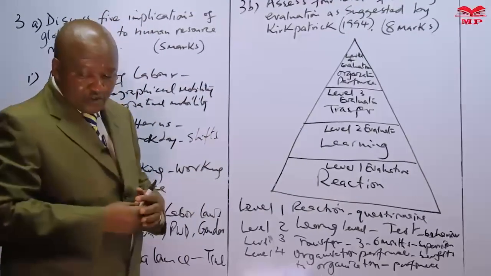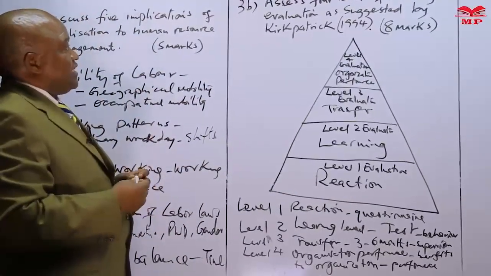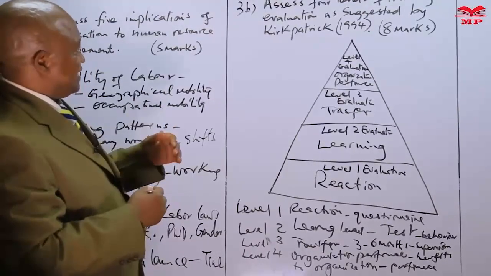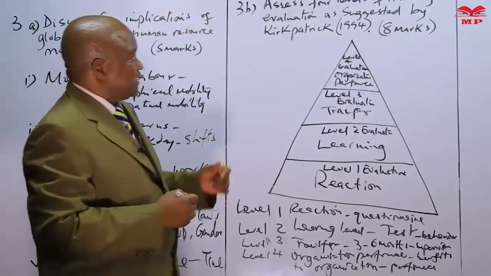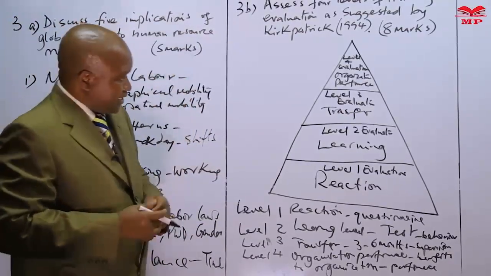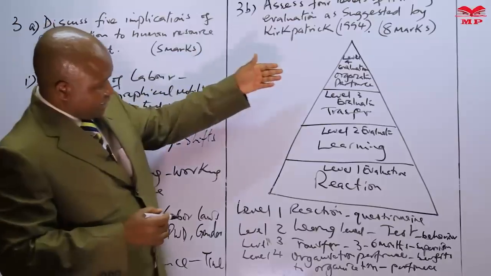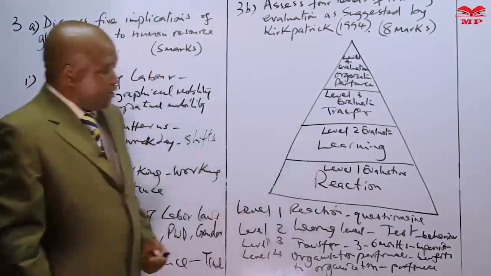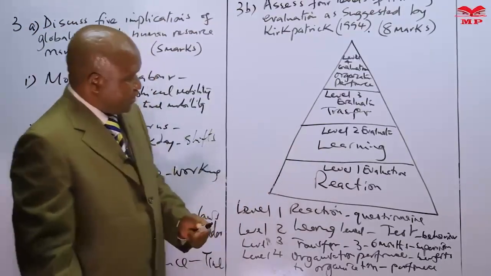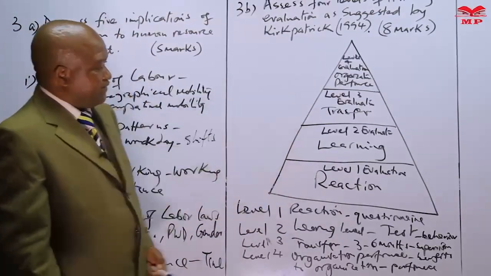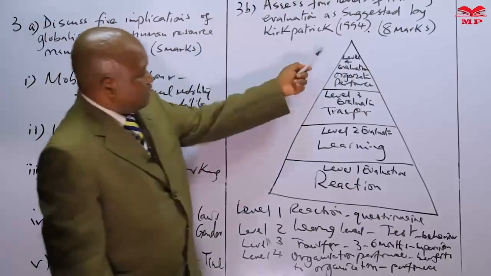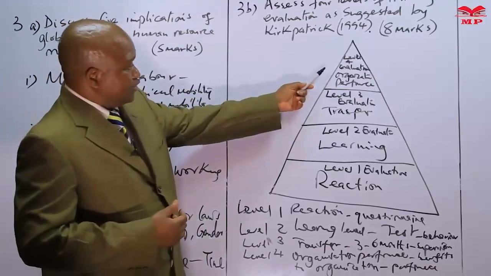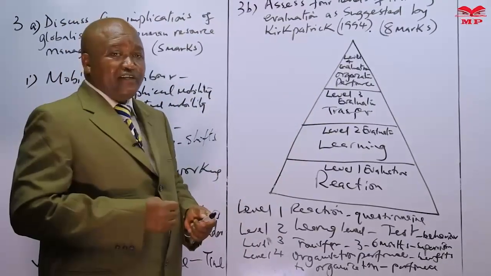So this is a sample response to the question that required that candidates assess 4 levels of training evaluation as suggested by Kirkpatrick, 1994. The question had 8 marks, and we have looked at the illustration in terms of the diagram we have given. We have given level 1 evaluation, which is the reaction level, level 2 evaluation, which is the learning level, level 3 evaluation, which is the transfer level, and level 4 evaluation, which is the organizational performance level, which is the one that brings in the return on investment on training.